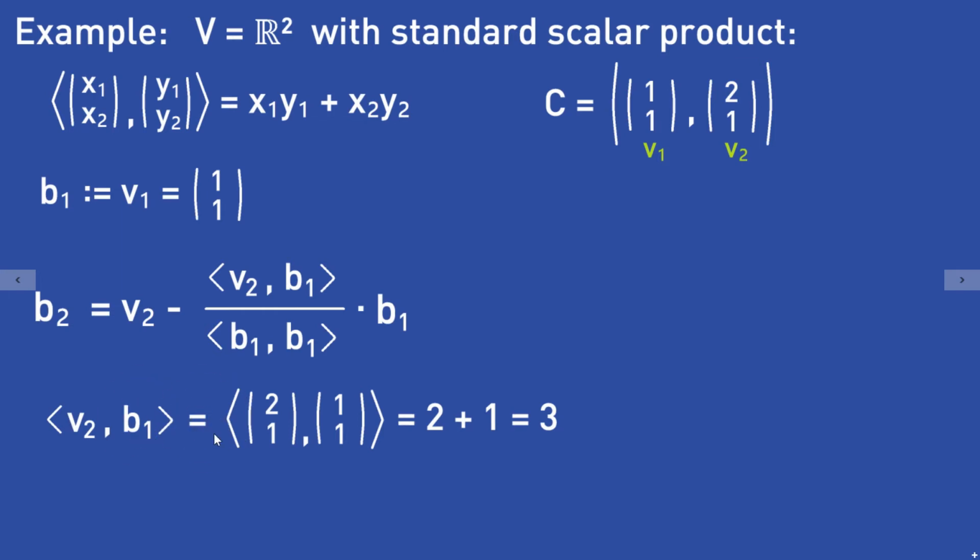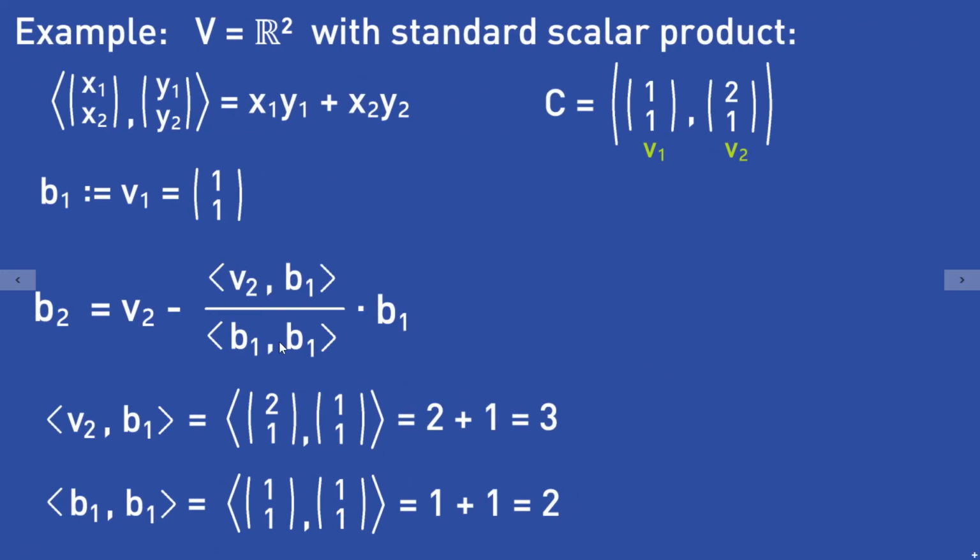So this here is v2 and that here is b1. And by using this here, we get that this scalar product is equal to 2 plus 1, which is equal to 3.